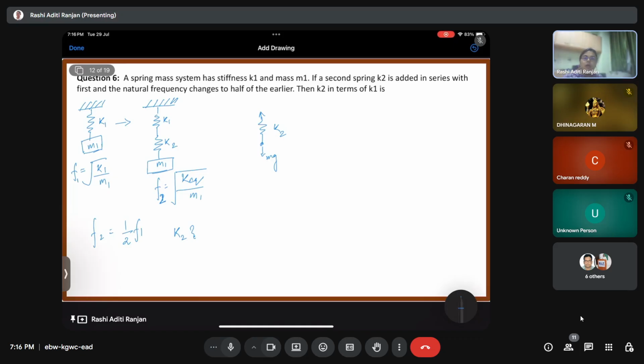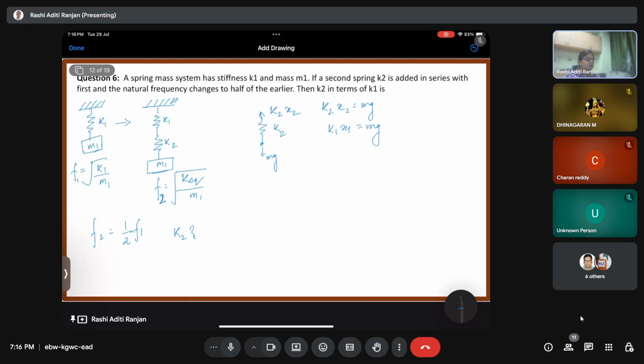Anyways, if I assume it is x2, K2 into x2. See, at every point, what is going to happen? At every point, the force is going to be balanced. Okay, so K2 into x2 will be equal to mg. Similarly, K1 x1 will also be equal to mg.